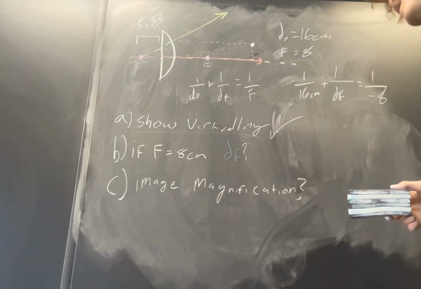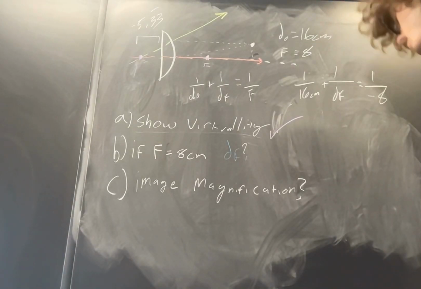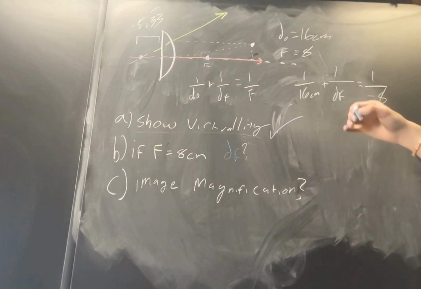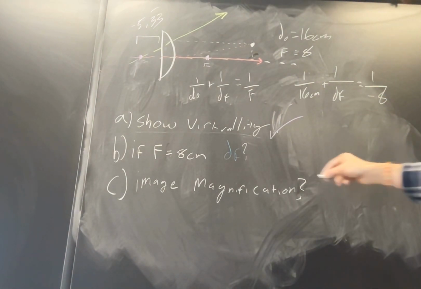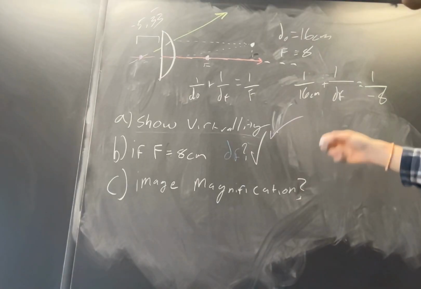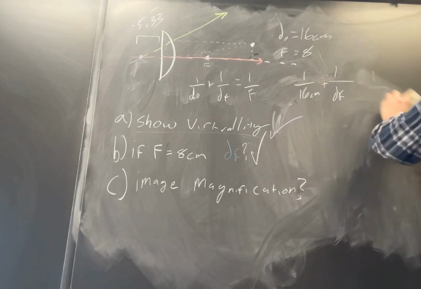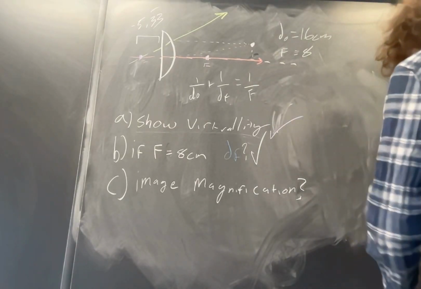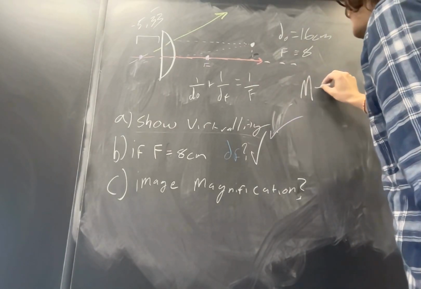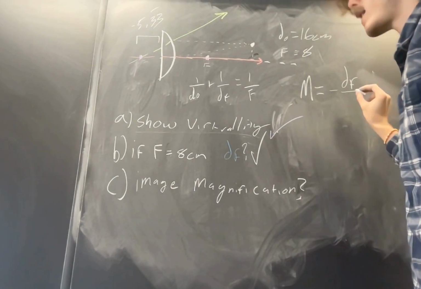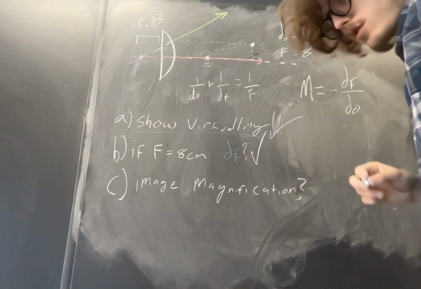Now, what is the image's magnification? We found that it was 5.3 centimeters behind the mirror, and we showed virtuality. What's the magnification? The magnification of the image is equal to the negative distance of the virtual image with respect to the mirror over that initial distance.